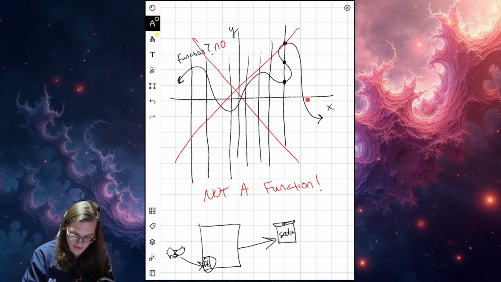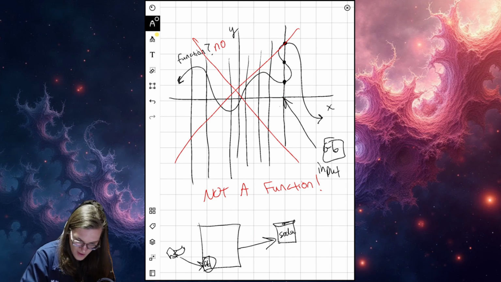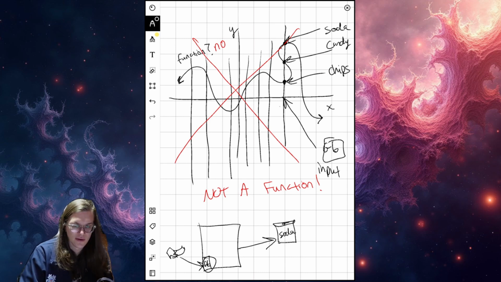The x-axis is analogous to these codes that we put into the vending machine. So if I put G6 in as my input x and I got out y, say this is chips and this is candy and this is soda, that's not a function. It's not predictable. It can't tell us that when we put in an x, we're going to get out a specific y.